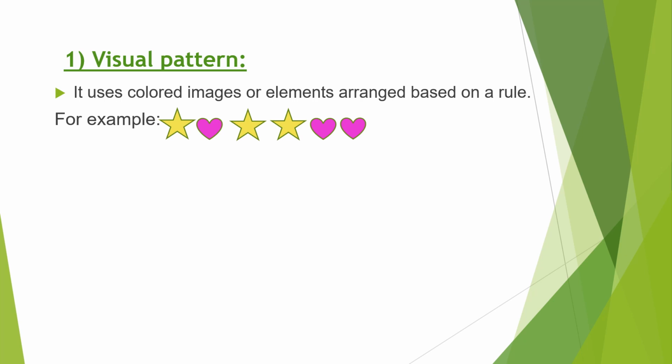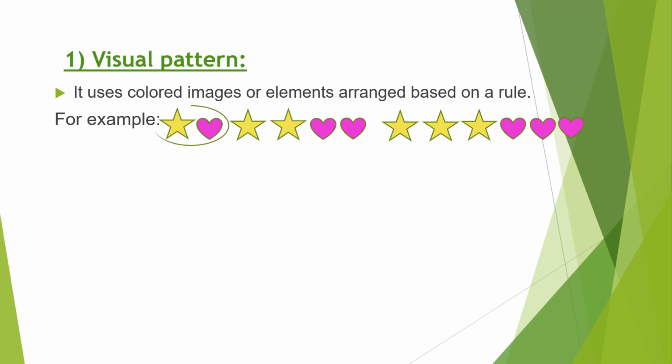So, can you guess what should be the next elements? Yeah, star, star, star, heart, heart, heart. Look here, we have one star, one heart, two stars, two hearts, three stars, three hearts. So this is the pattern we have, which is visual pattern.